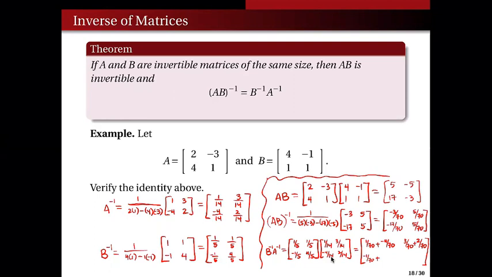That's negative 16 over 70. And that's your negative 17 over 70. Then lastly, we have here negative 3 over 70, and then here 8 over 70. So plus 8 over 70. So you will get this. So AB inverse equals B inverse A inverse.